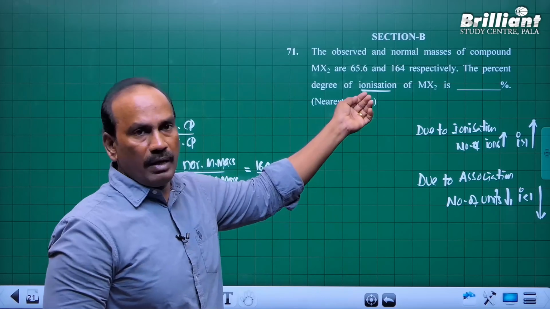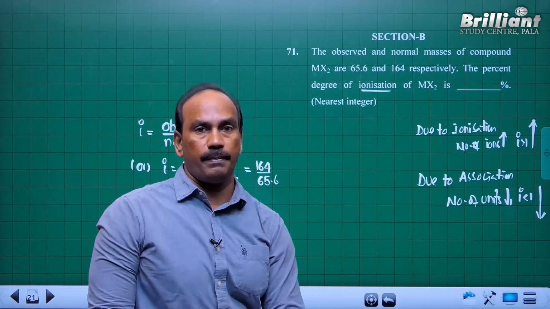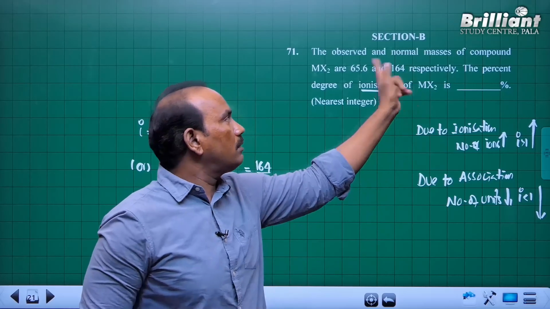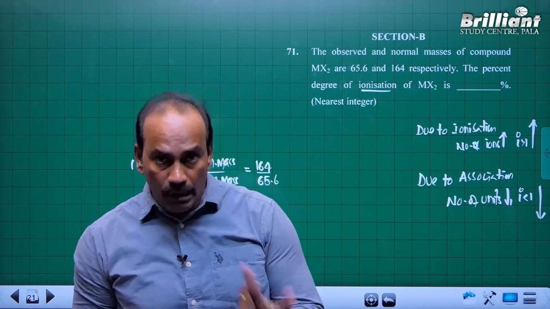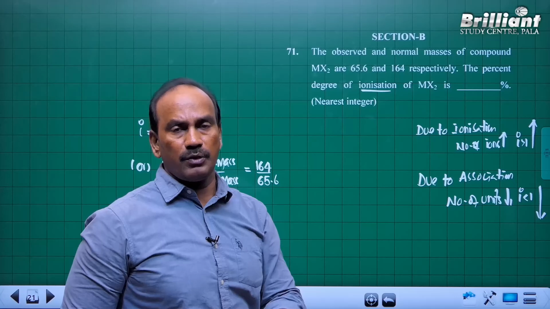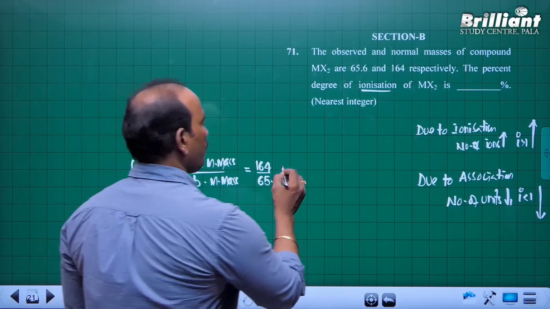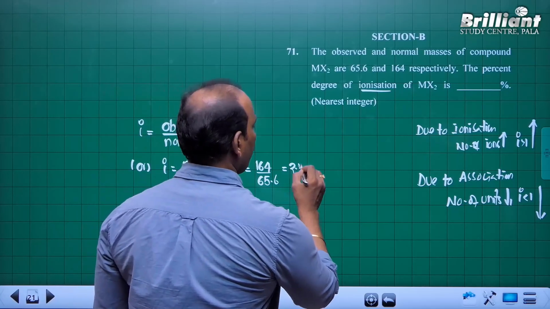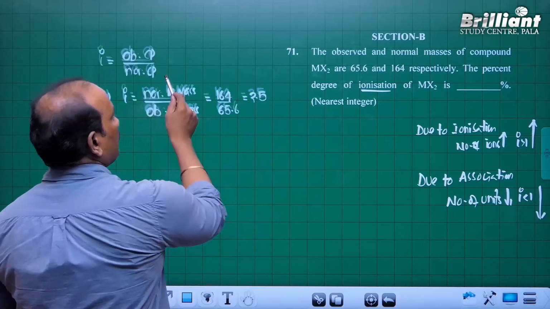The Van't Hoff factor i equals higher by lower for dissociation or ionization. Okay? If association is given, i is always less than 1. That's why, when two values are given, lower by higher. Now this value equals 2.5, that is i.